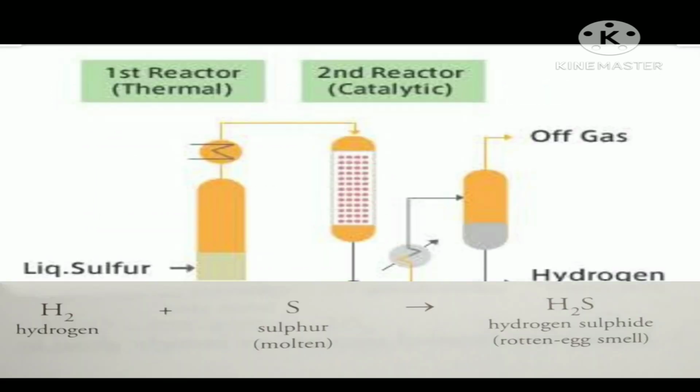When hydrogen is passed through molten sulfur, it produces hydrogen sulfide. Now, when hydrogen sulfide is being produced, it has a very characteristic smell of rotten eggs. So the entire laboratory is filled with the smell of rotten eggs, and you come to know that is hydrogen sulfide. So in this case there is generation of smell. So this reaction is an example of generation of smell during a chemical reaction.